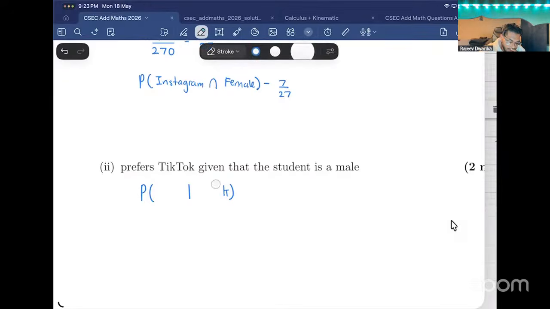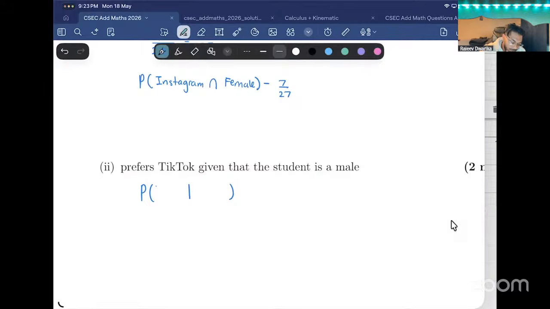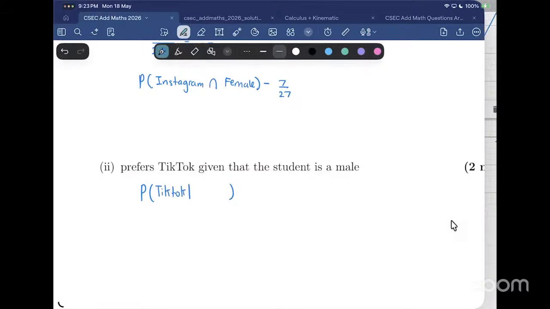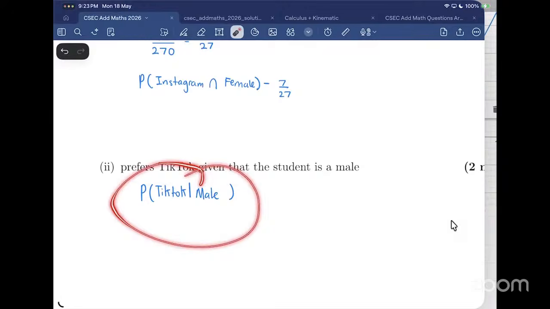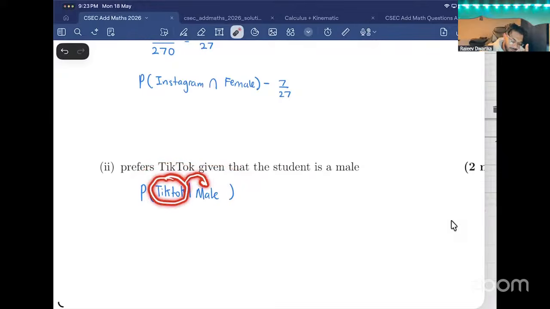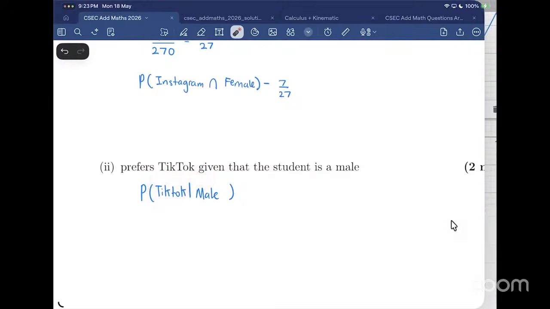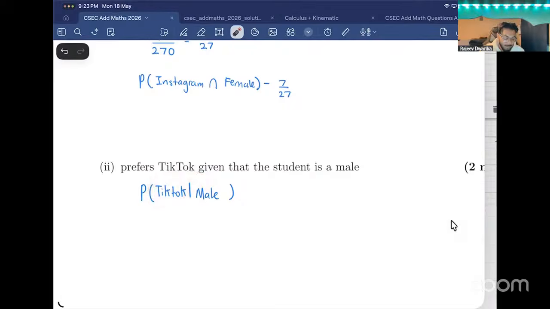Sorry, my bad. So there's basically a different sign for given that and and. The question becomes, what is the probability of somebody preferring TikTok given that they were a male? And this is called conditional probability.